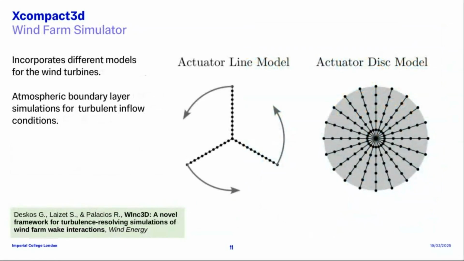XCompact 3D also has a number of different models within it that can be used to model the effects of wind turbines. Namely, these are the actuator line model and the actuator disk model. And these models model the wind turbine in different ways.